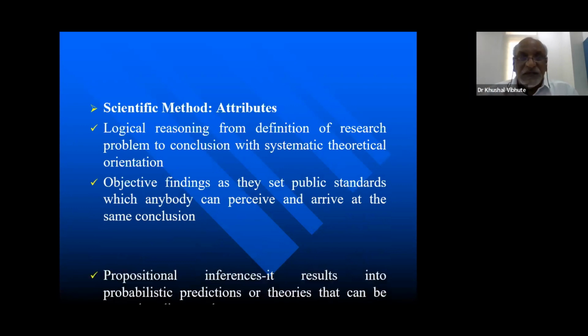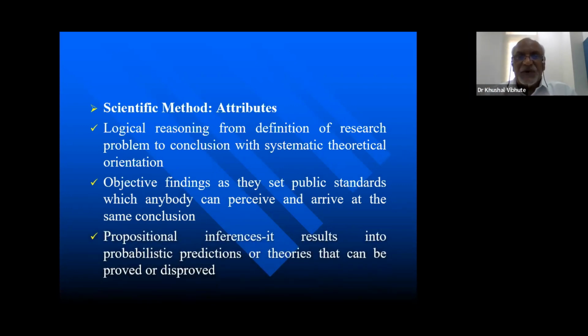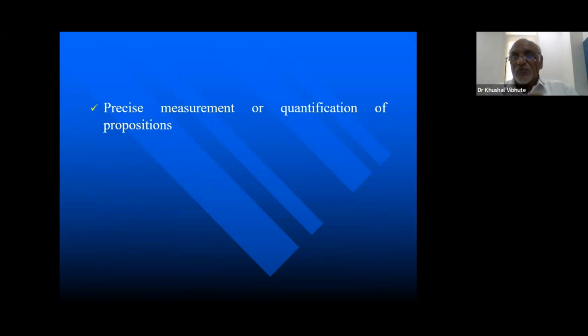The third attribute of scientific method is that whatever inferences you draw, at the end of the day, there must be propositional inferences, propositions. And these propositions which you connect, that probably may lead to a theory. And fourth is that you must be in a position to measure those propositions.